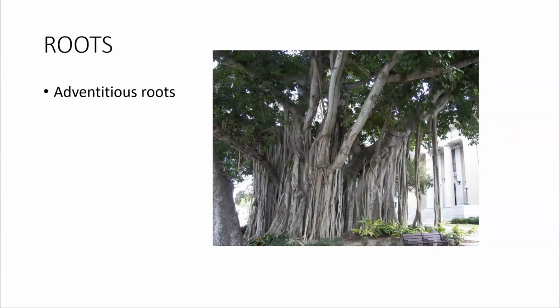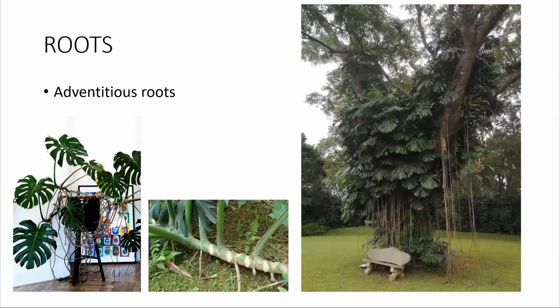Now, another plant that has adventitious roots, which many of you are probably pretty familiar with. This is a very popular indoor plant, utilized a lot. It is a great house plant. Find the right spot for it, and you can have quite the specimen in a relatively short period of time.